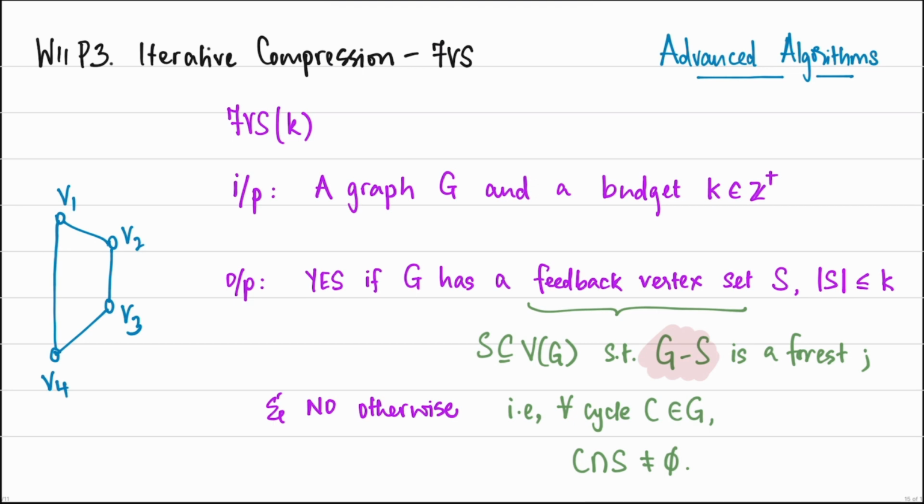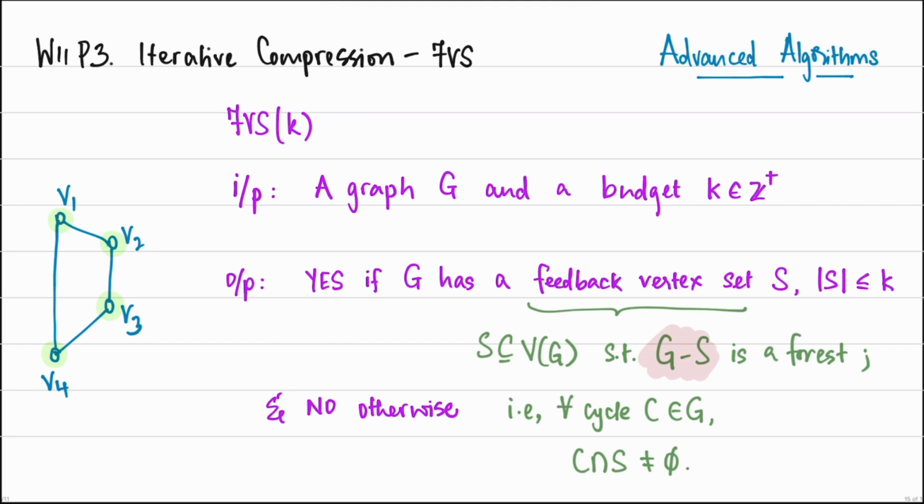This forms a cycle. And if this cycle was a cycle in your graph, then a feedback vertex set would have to choose at least one of these vertices, V1, V2, V3, or V4, possibly more depending on the rest of the graph and what that structure is like.